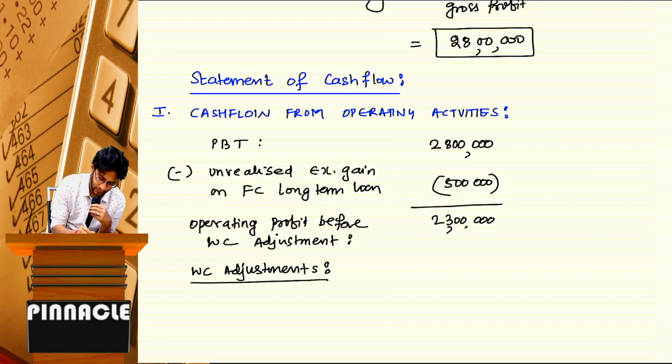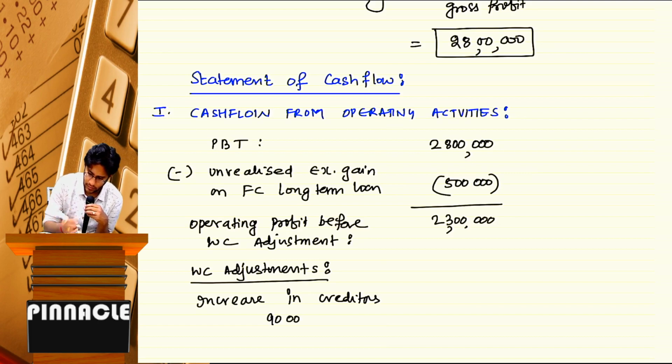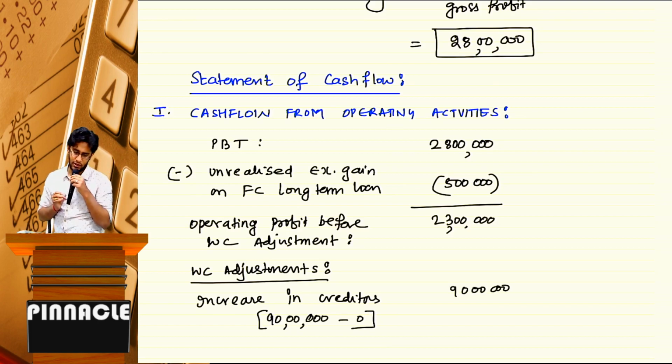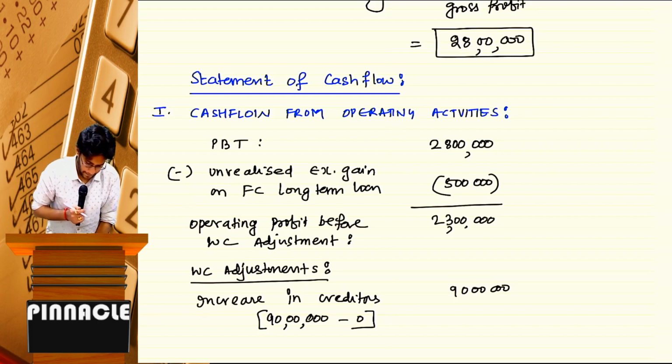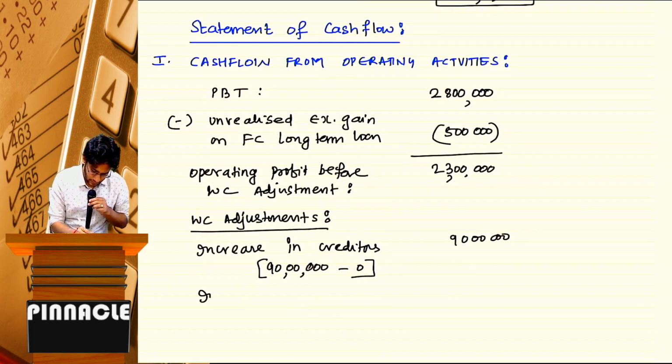Increase in creditors, 90 lakhs closing, opening nil. Increase in creditors is an inflow. Then increase in stock.